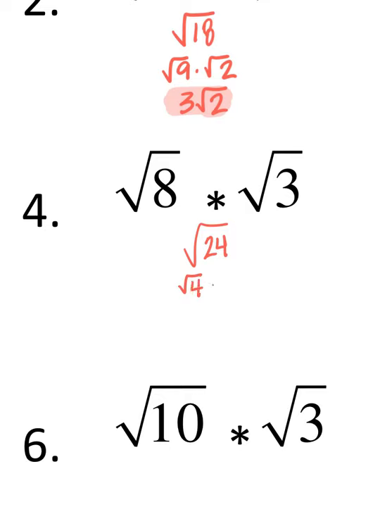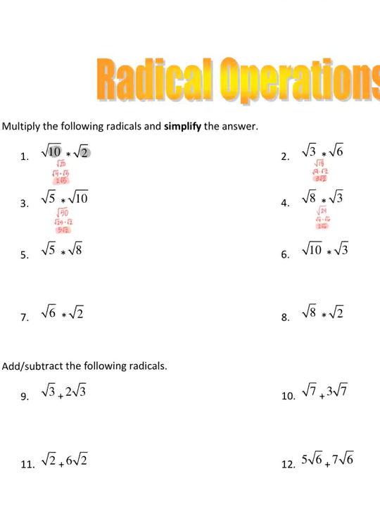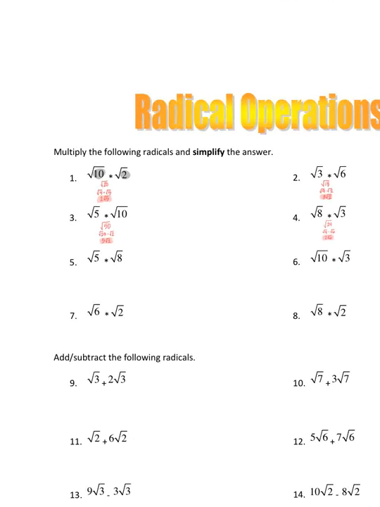So we have radical 4 times radical 6. And the square root of 4 is 2. And we just bring down our radical 6 because it cannot be broken down anymore. Okay, I'm going to let you guys finish 5, 6, 7, and 8.